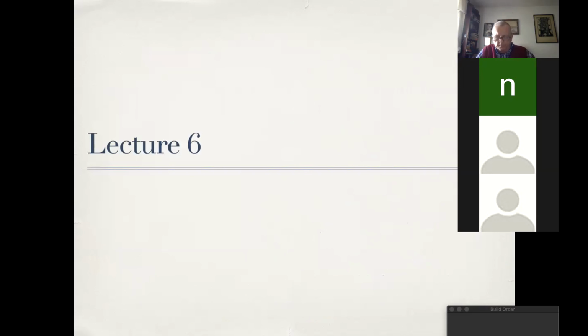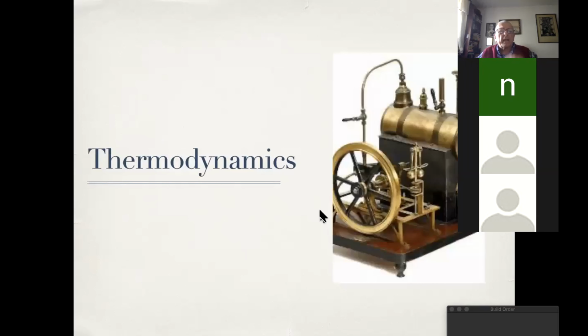And now we are going to go into another part of physics, which plays an important role in biology, namely thermodynamics. What you see in that picture is a heat engine, a steam engine.